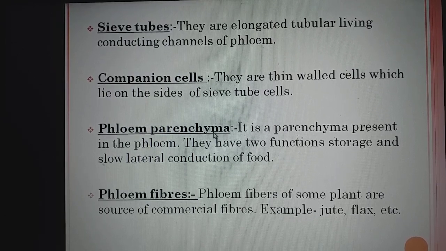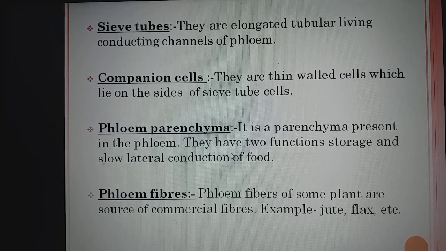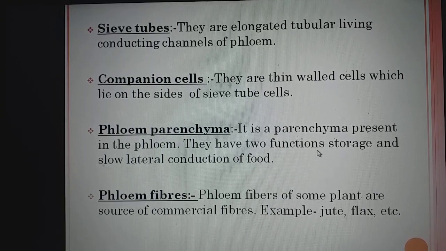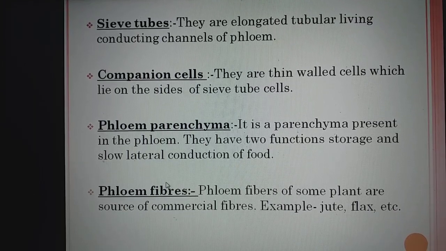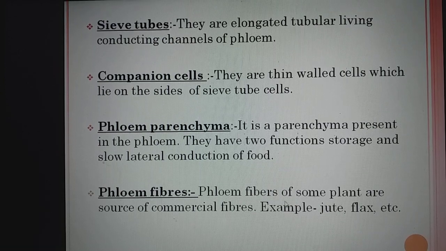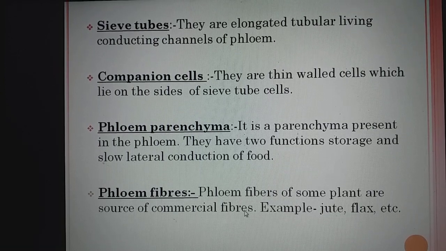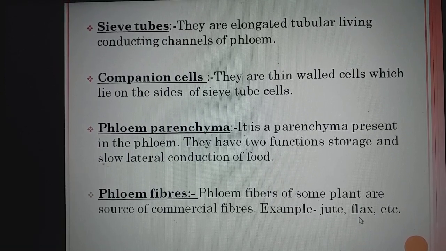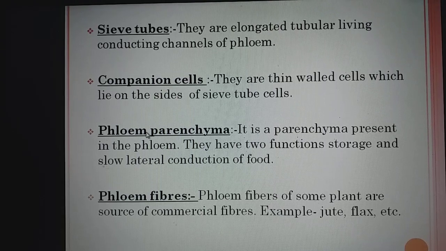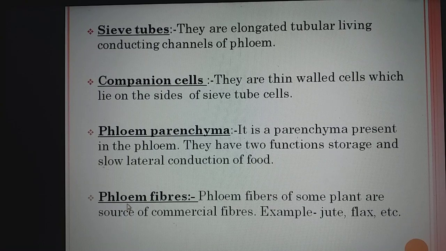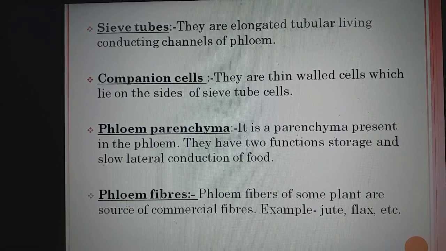Next is phloem parenchyma, which has two functions: storage and slow lateral conduction of food. Next are phloem fibers. Phloem fibers of some plants are a source of commercial fiber, for example jute and flax. Among these, sieve tube, companion cells and phloem parenchyma are living cells. Only the dead cell is phloem fiber.